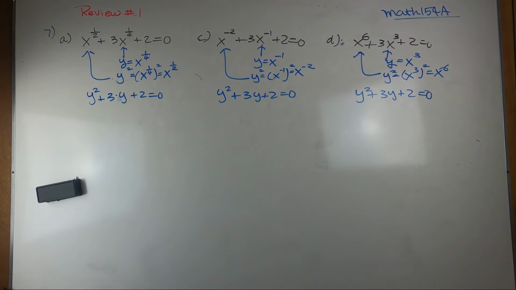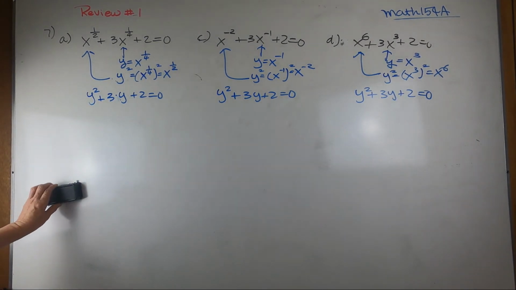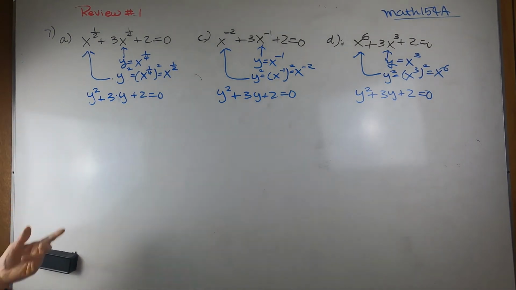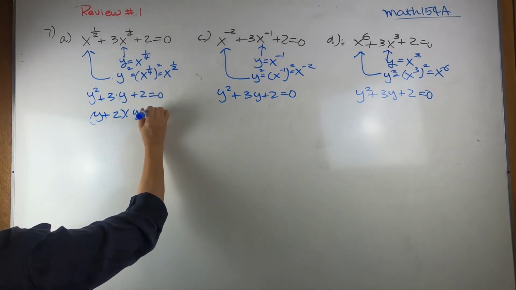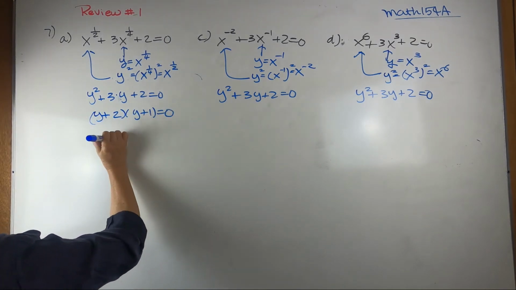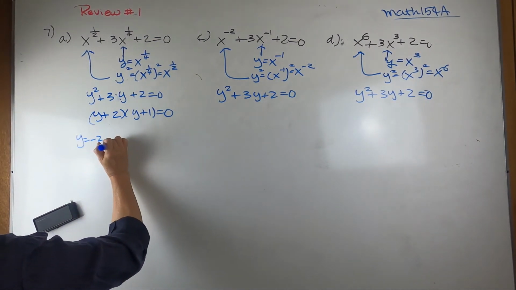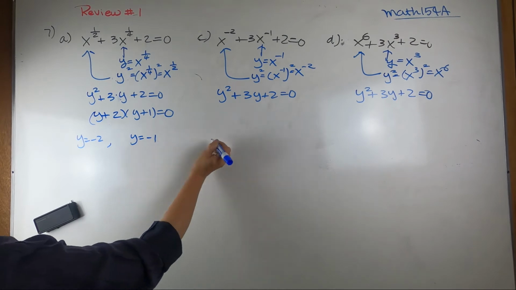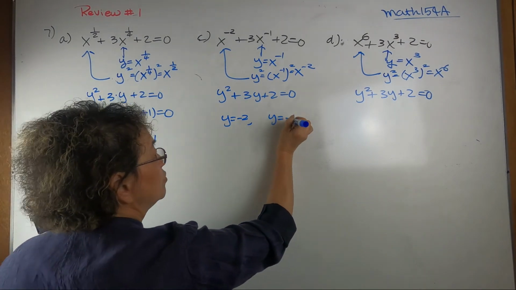So all the processes are the same, except that the answers will be different. That will be y plus 2, y plus 1 equals 0. So what is your y? Y can be -2 or y is -1.